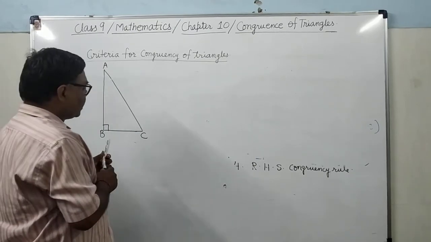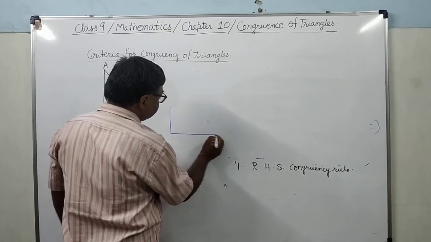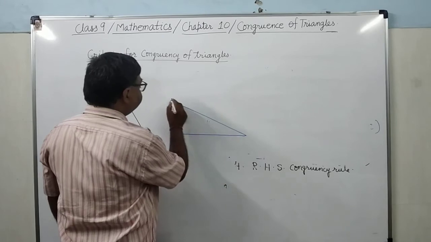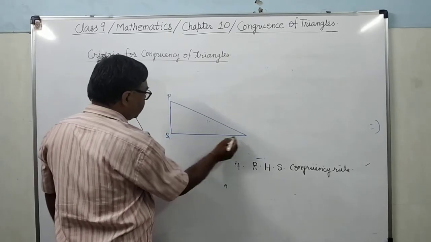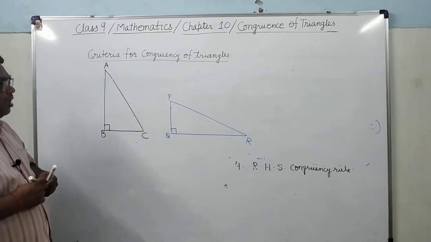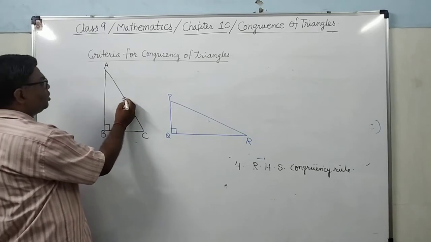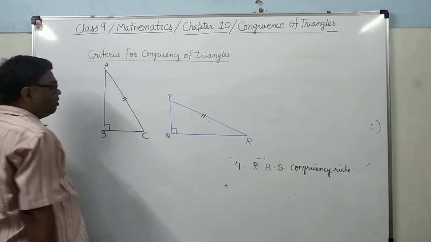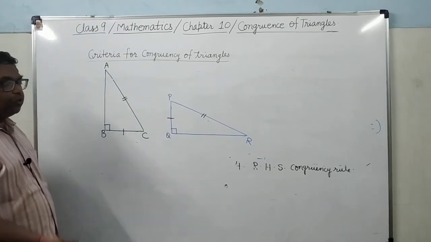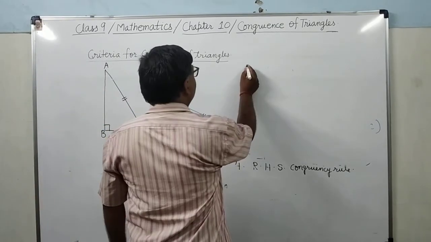And there is another right angle triangle, this is PQR. Now if in between two right angle triangles, hypotenuse is equal, means this is equal to this, and one more side is also equal, suppose this equals to this, then both the triangles will be congruent. Means what is given here?